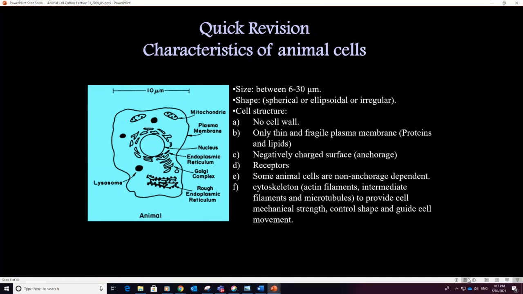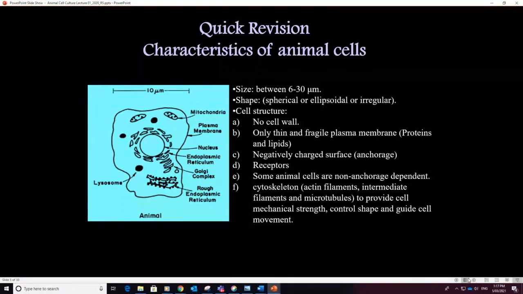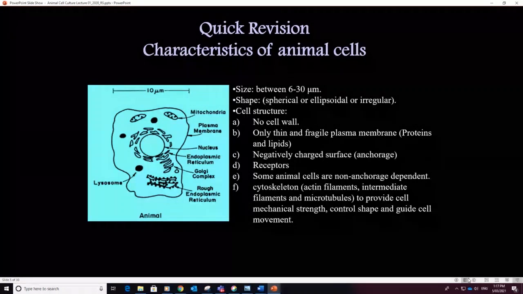And then some animal cells are anchorage dependent. That means if you take them into culture, they cannot survive without sticking to a substrate or a plastic substrate, right? So I will often use these words: substrate, substratum, anchorage. This is a kind of new vocabulary if you have not heard it, and we will use these words very often.